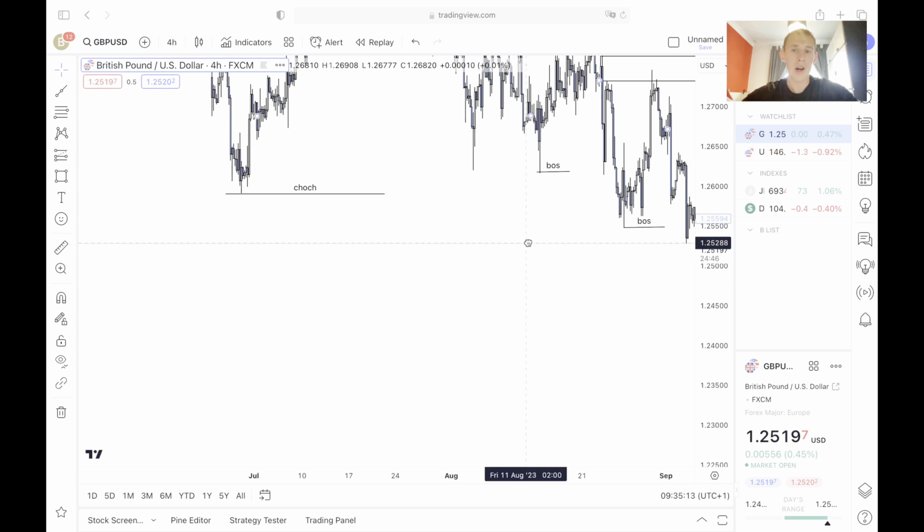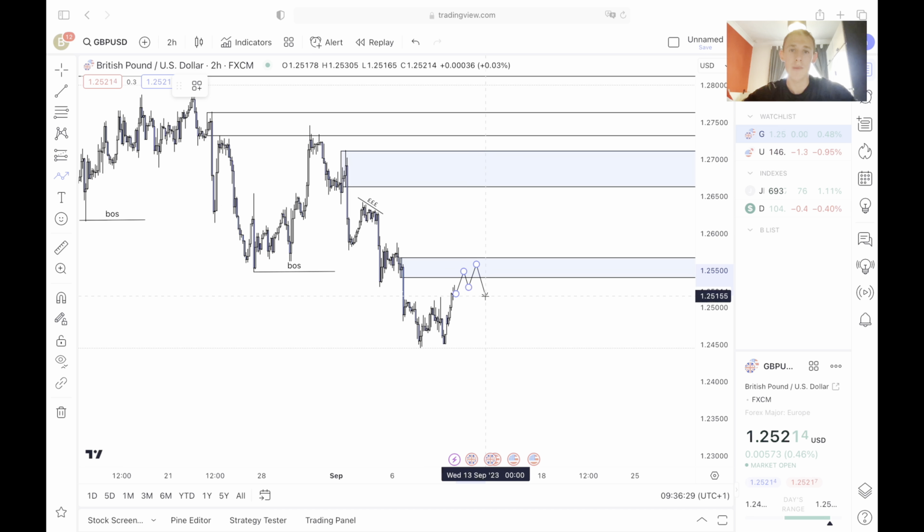So how I'm going to be actually playing this when price comes towards one of these zones is I'm going to be waiting for a confirmation in either of the zones. So if price were to print something like this, where we get a sweep of early sellers from the level, followed by a break of structure, so that the lower time frames align with the higher time frame.